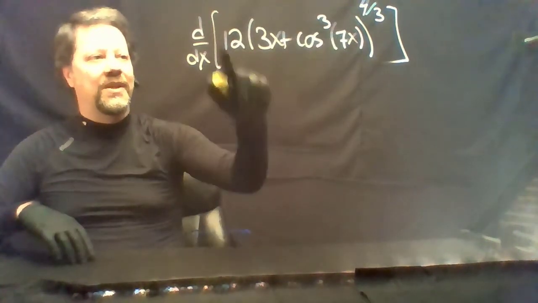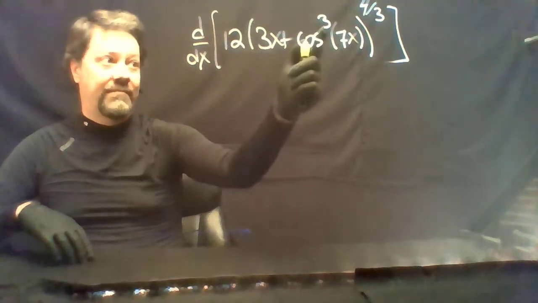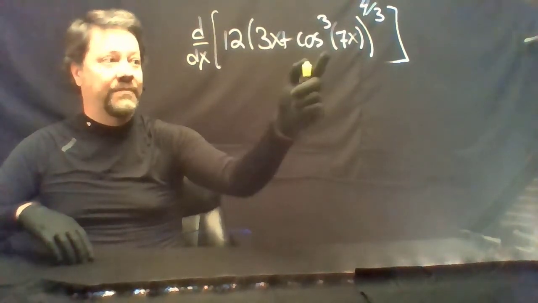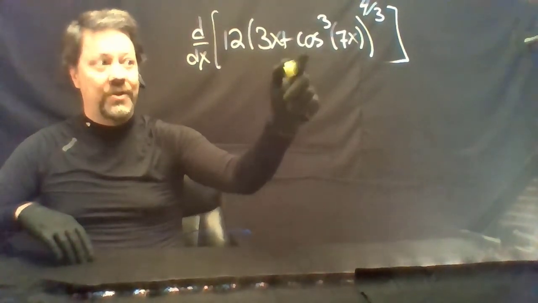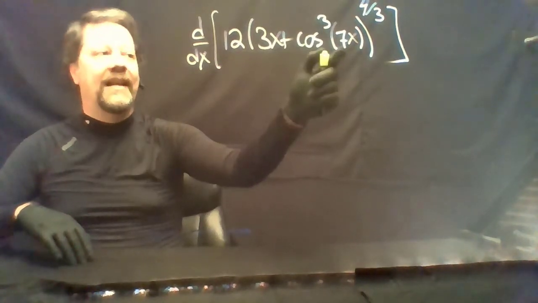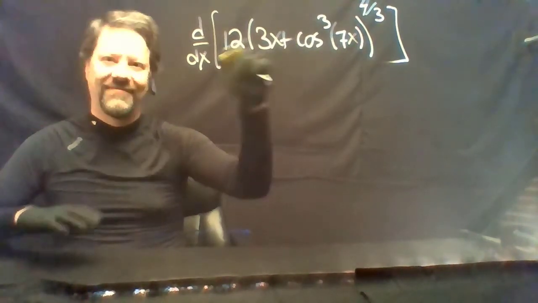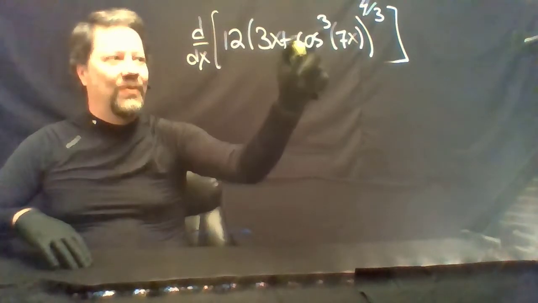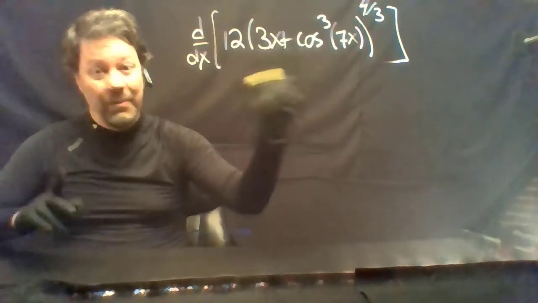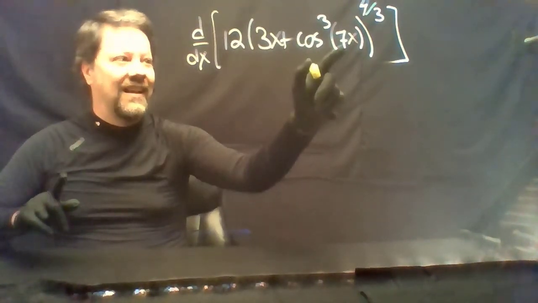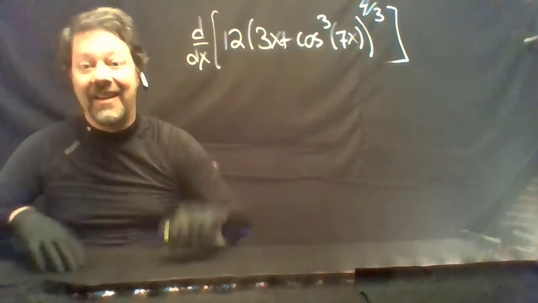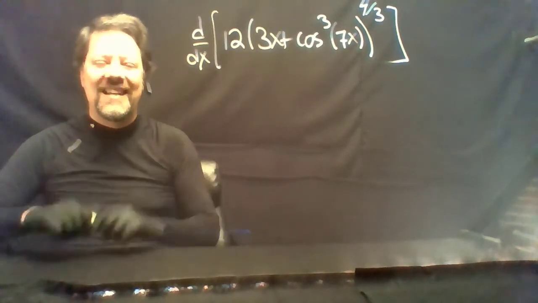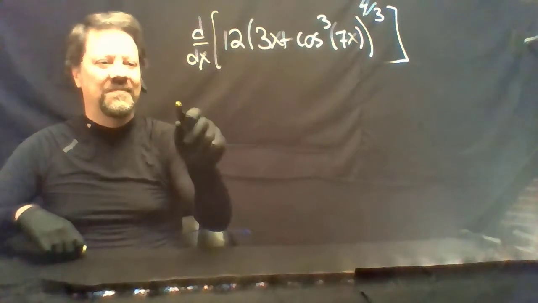We're going to need to use a chain rule and then another chain rule, and we have a cosine inside of that cube. That's another chain rule. And a 7x inside of the cosine. That's another chain rule still. So nested chain rules here.